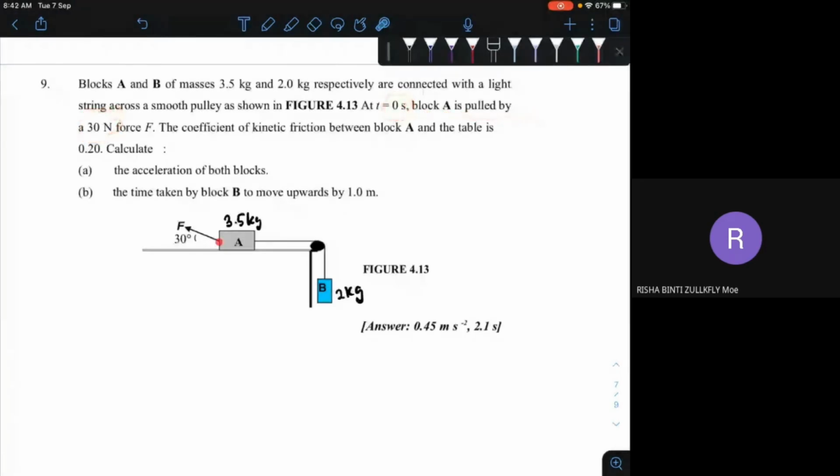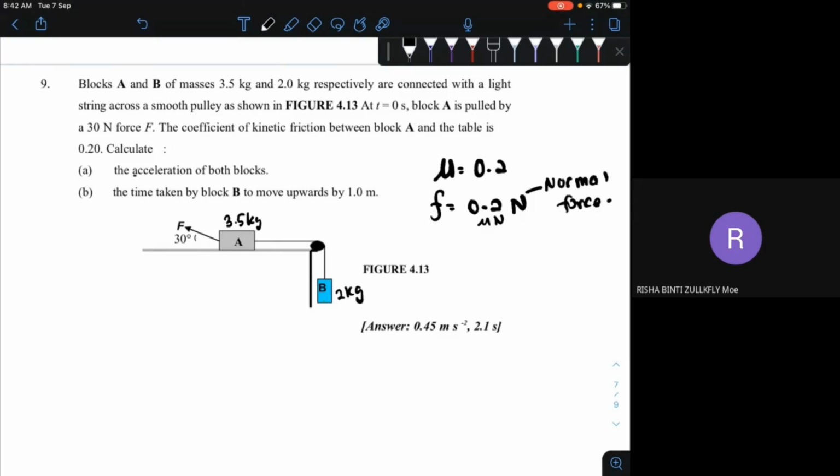Maksudnya, kena tarik dekat sini. The coefficient of kinetic friction between block A and the table is 0.2. So given to us the value of mu 0.2. So kalau nak cari friction, boleh guna 0.2 darab dengan normal force itu, which is mu N. Ini normal force bukan Newton.